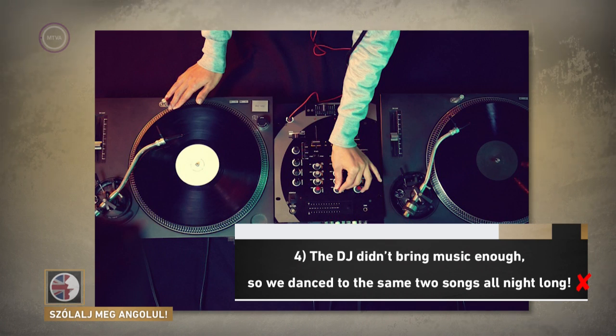And what part of speech is music? It's a noun, isn't it? Yes, and that means, yes, right again. That means that the noun should follow enough. But in this sentence, enough follows the noun. That's no good, is it? No. The correct form is this. The DJ didn't bring enough music, so we danced to the same 2 songs all night long.